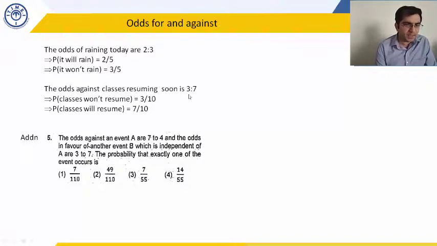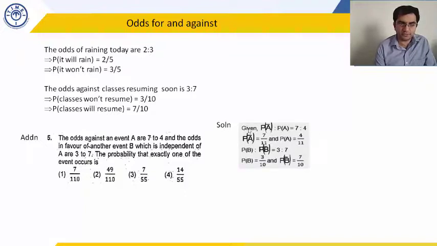So let's see. The odds against an event A are 7 to 4. So you are basically given P of A complement as 7 by 11. And therefore, P of A becomes 4 by 11.